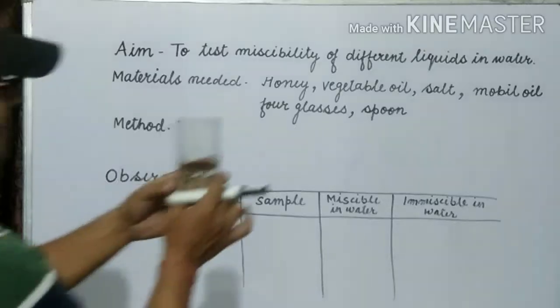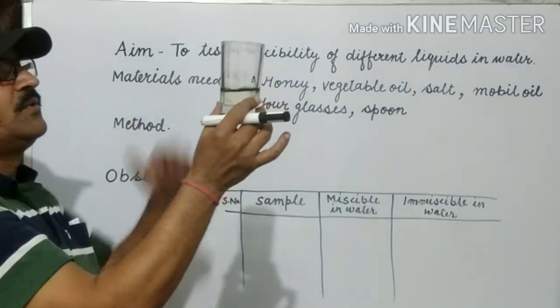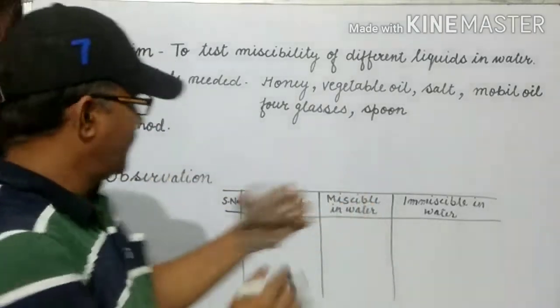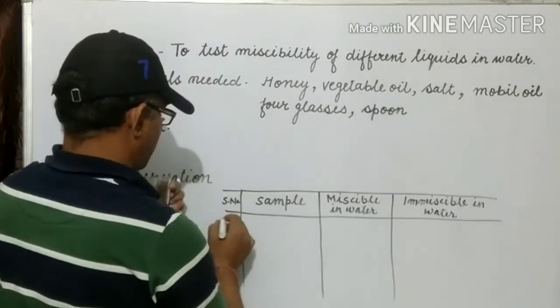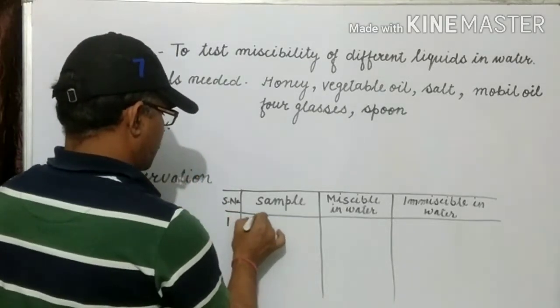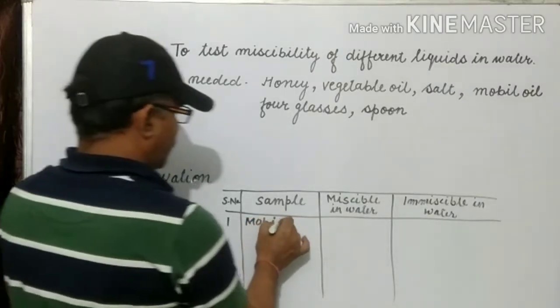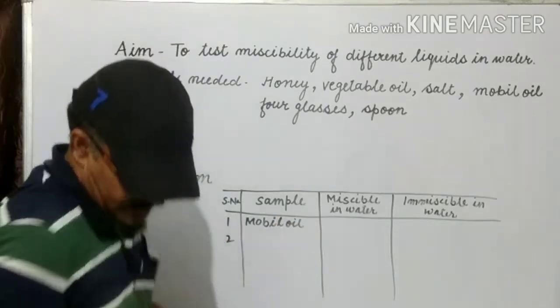It forms two separate layers. It floats on the water. A part is complete. In A part, what type of sample have we taken? Mobile oil. Second, B part.